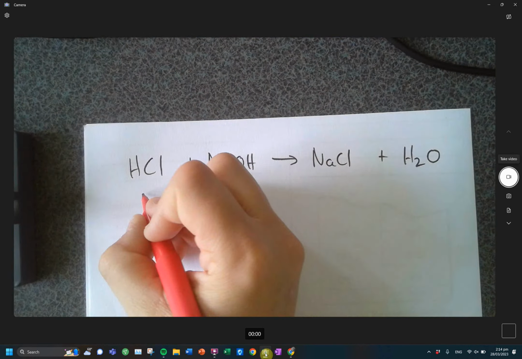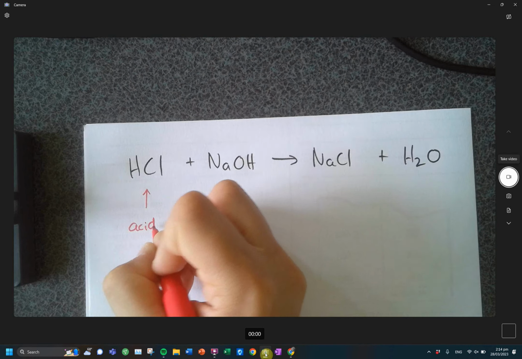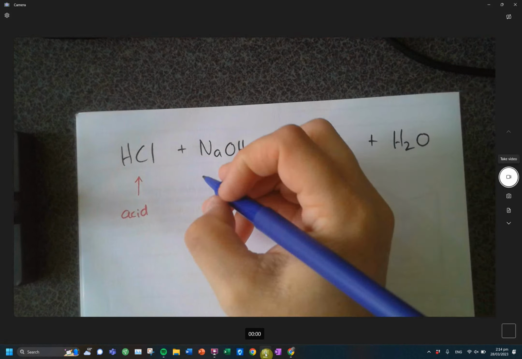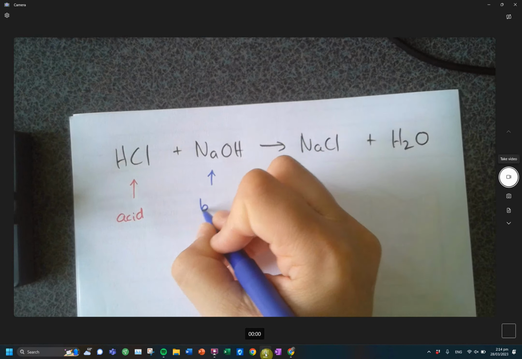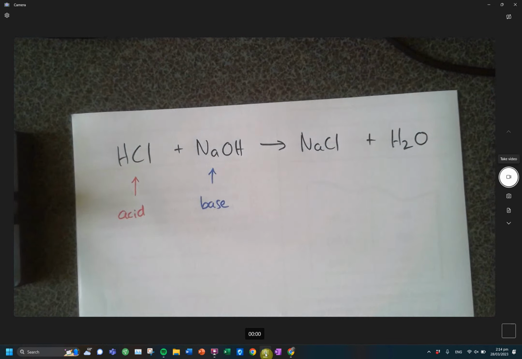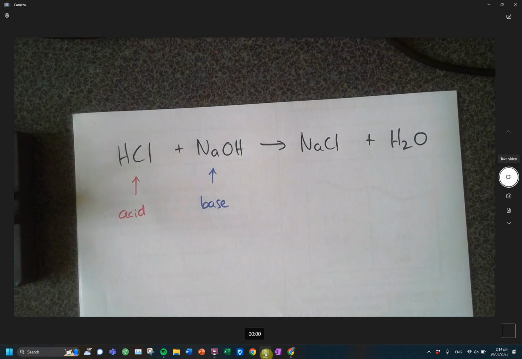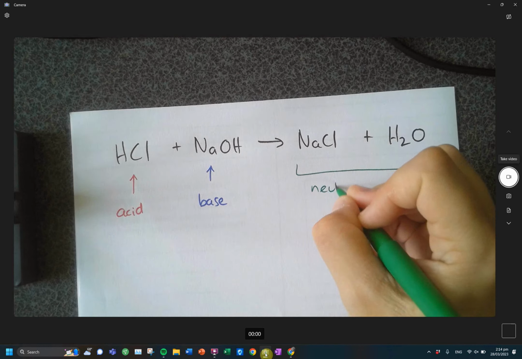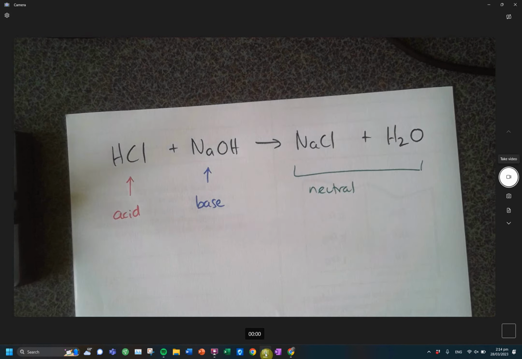HCl is my acid. NaOH is my base. And this bit over here, this was neutral. So that was kind of my green color that we were looking at. We're okay with that so far?